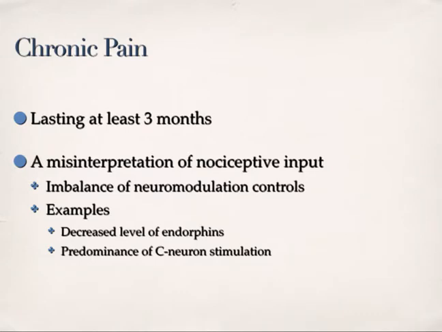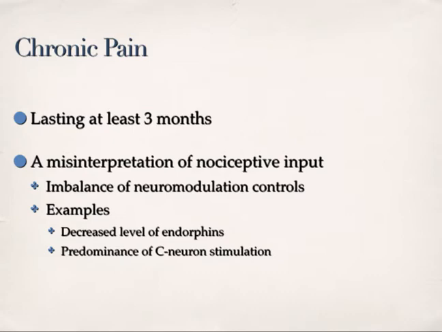In terms of chronic pain, we always define it essentially as anything greater than 3 months. So that's the guideline in terms of when we consider things chronic pain. Unfortunately, there's a lot of complex interactions here with chronic pain. And really, it's a misinterpretation of nociceptive input. So there's a lot of structural or neurologic changes that occur and can exacerbate chronic pain.